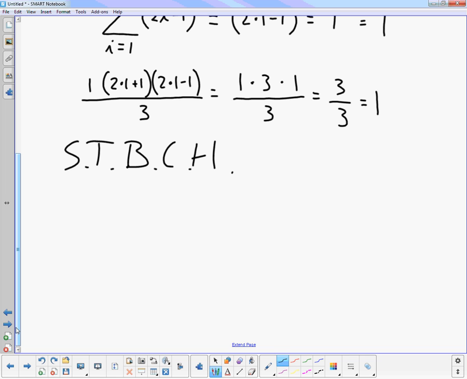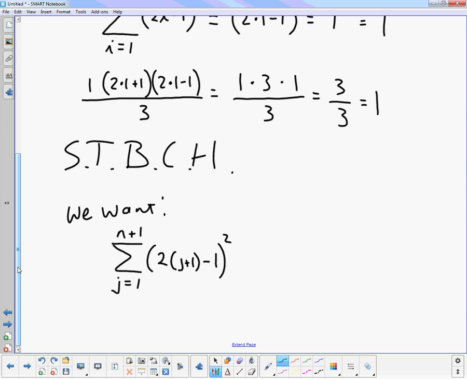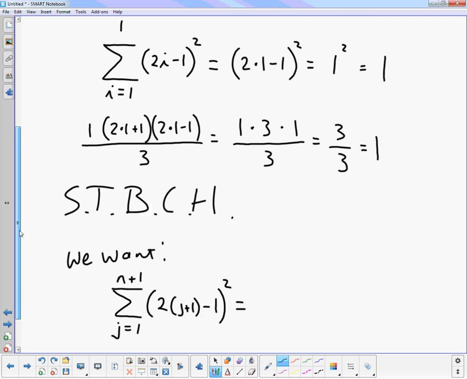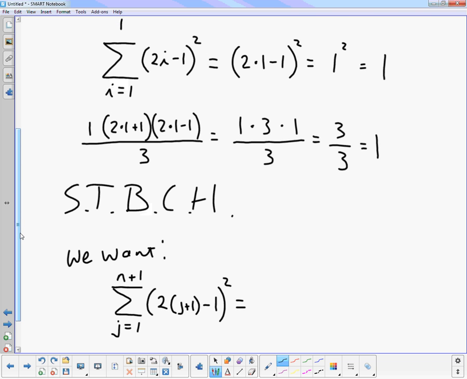So the form we want, and this is worth actually doing, of 2 to the j plus 1 minus 1. Okay, so that's the j plus 1 case on the left. Okay. Yeah, because I want to get through this example before the bell.